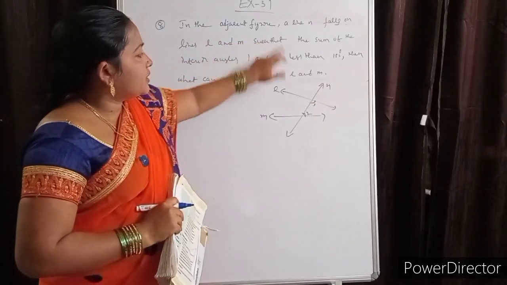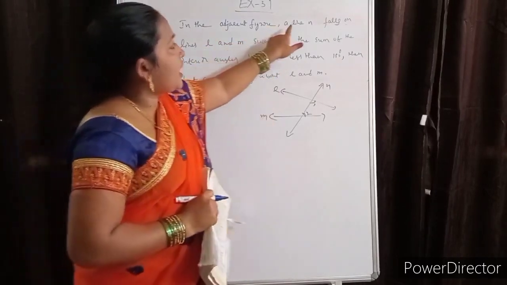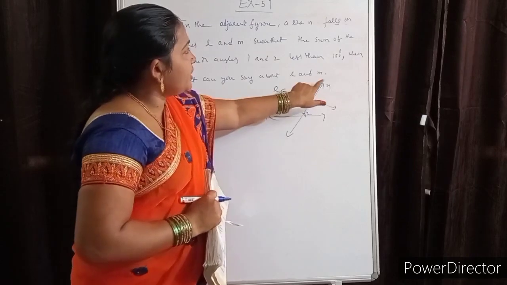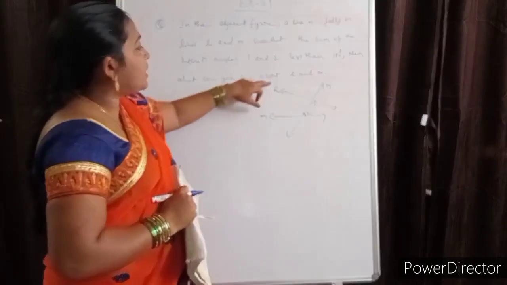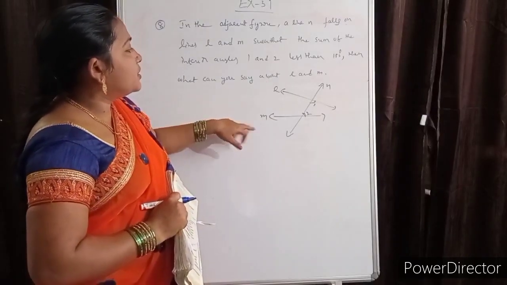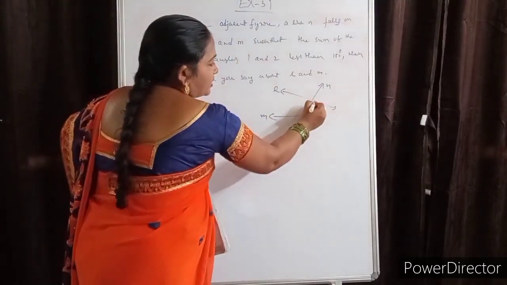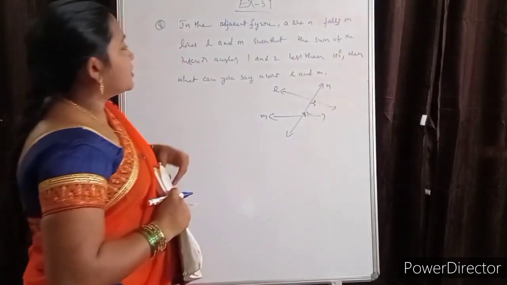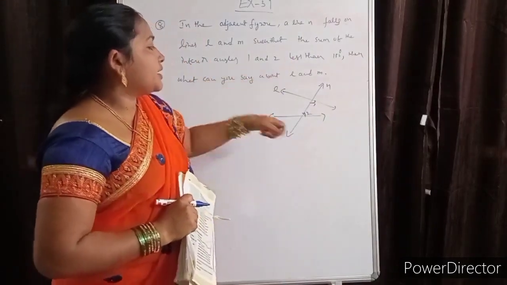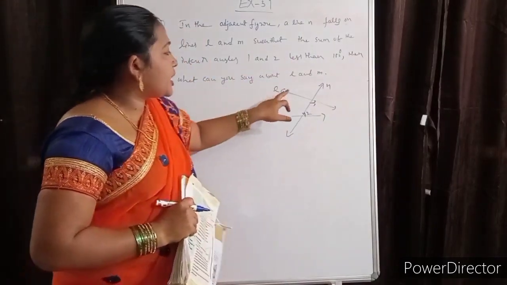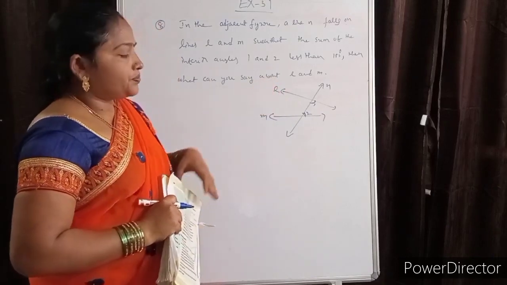In the adjacent figure, a line N falls on lines L and M such that the sum of the interior angles is less than 180 degrees. Then what can you say about L and M?